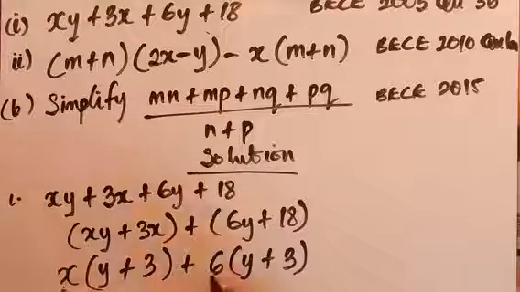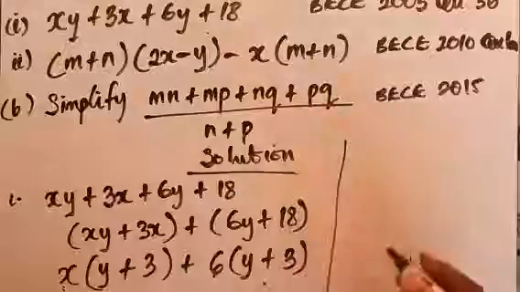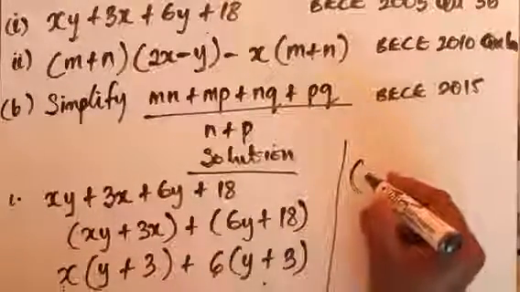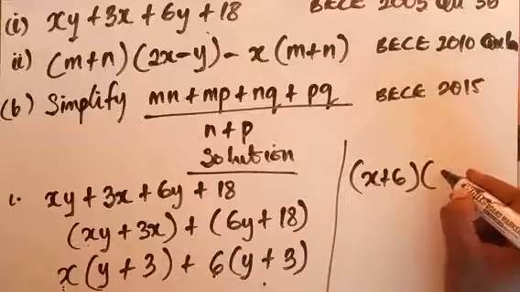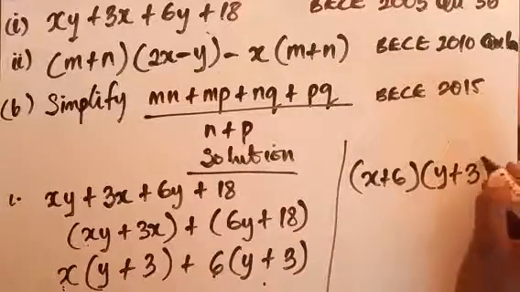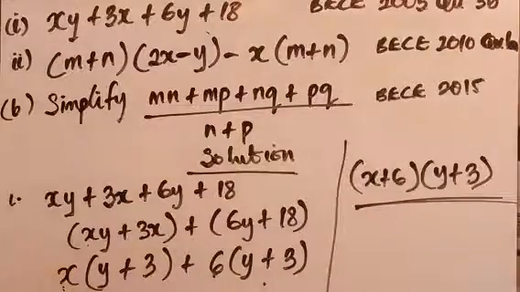There's x out, 6 out, and what is in the bracket is the same. So I can conclude that I have in the bracket x plus 6, then y plus 3. So this is the factorized form of the question.